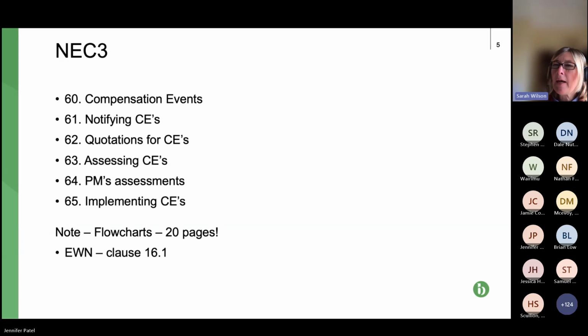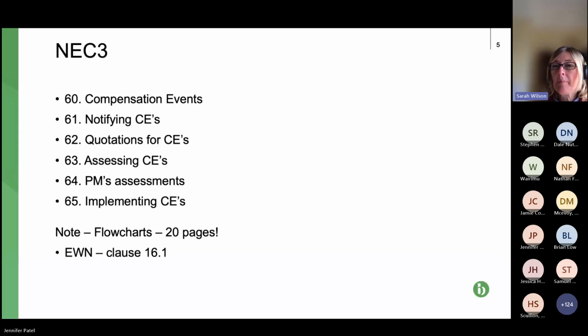So it's all quite vague, but it's basically if the scope changes, or something in the way that the work was intended to be carried out changes. NEC is far more prescriptive than that.